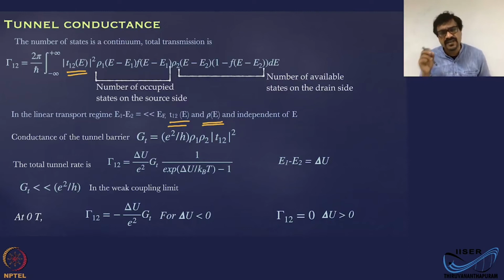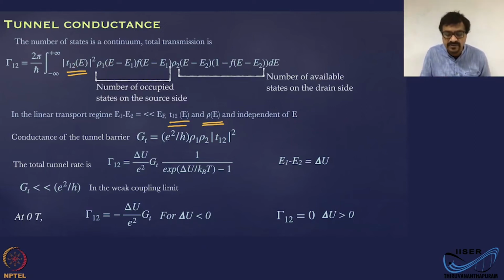Okay, we are working in the linear transport regime. That means it's just at the surface of the Fermi sphere where the variation due to energy is very small. Okay, that is where the transport is happening. So you can say that T12 and rho are relatively independent of energy, and you can take those two terms out of this integral.